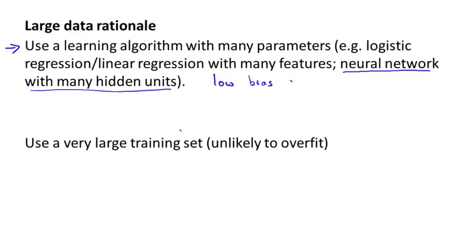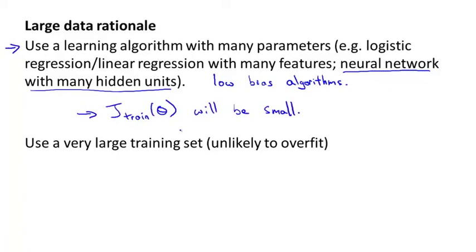We think of these as low bias algorithms because they can fit very complex functions. And because of that, if we run these algorithms on a data set, they will likely fit the training set well, and so hopefully the training error will be small.